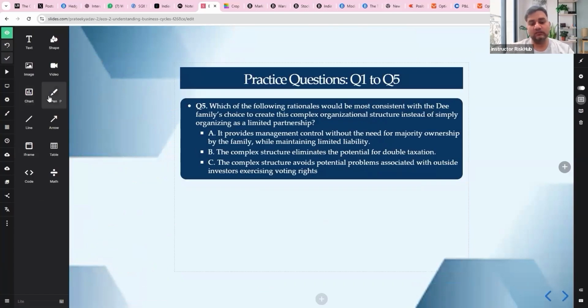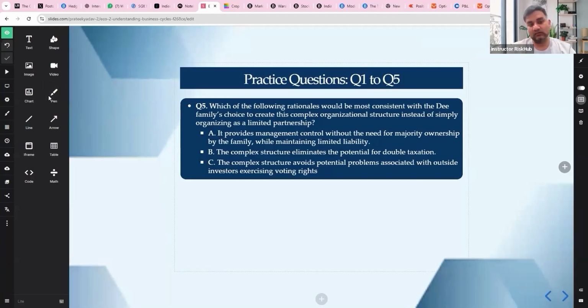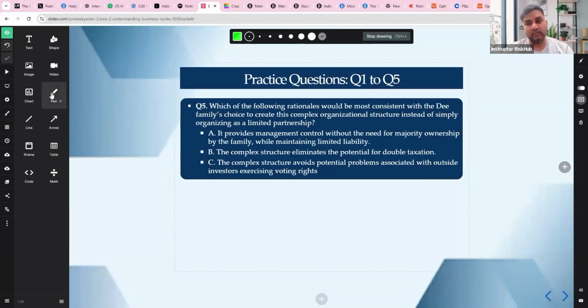The next question here is, which of the following rationales would be most consistent with the D family's choice to create this complex organizational structure instead of simply organizing as a limited partnership? Basically, the idea is the D family wants to control the management, right? And they have only 24% effective ownership.